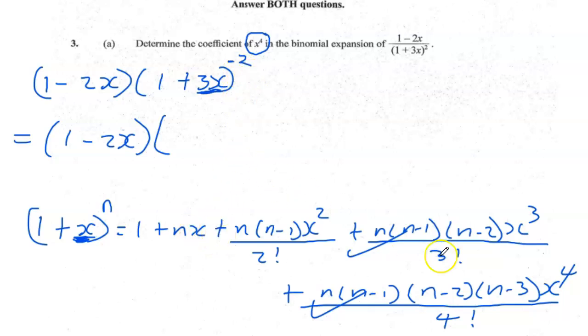So let's work on this term. n is minus 2, so that's minus 2 times (n minus 1), that's minus 2 minus 1, that's minus 3, times (n minus 2), that's minus 2 minus 2, that's minus 4, x cubed over 3 factorial. Now 3 factorial is 3 times 2 times 1, which is 6.